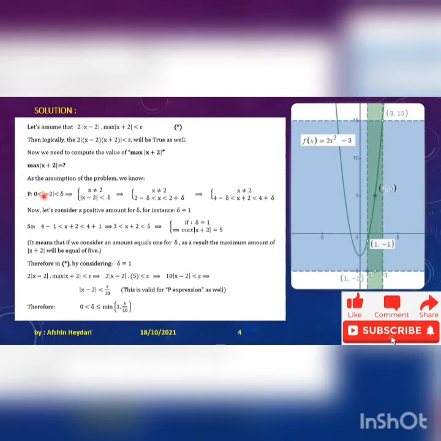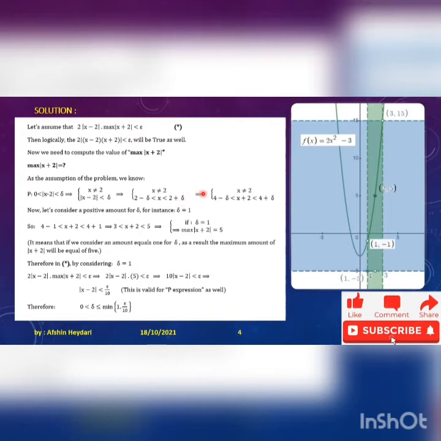As a result, when the distance between x and 2 is greater than 0, it means that x cannot be equal to 2, and about this part, it means that x is between 2 minus delta and 2 plus delta.